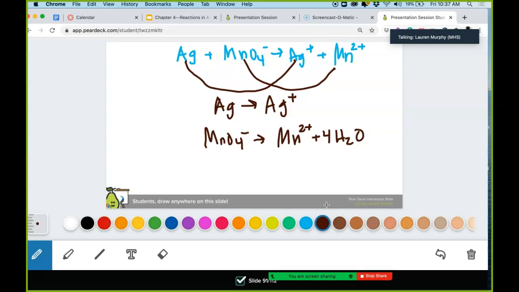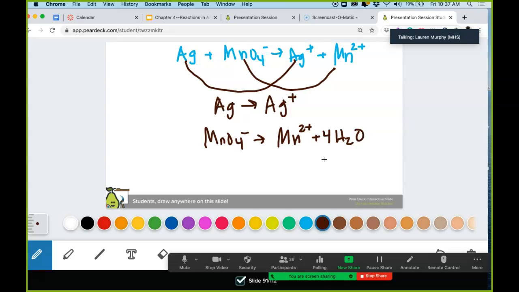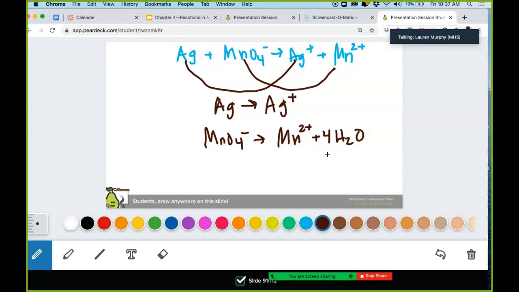And the reason that I'm allowed to do this is because all of these are done in an aqueous environment. Aqueous means there's water present. So that is why I'm allowed to add water molecules for oxygens. So adding the water molecule in turn gave me hydrogen ions. So that's what you balance next. And you do it doing 8 hydrogen ions.